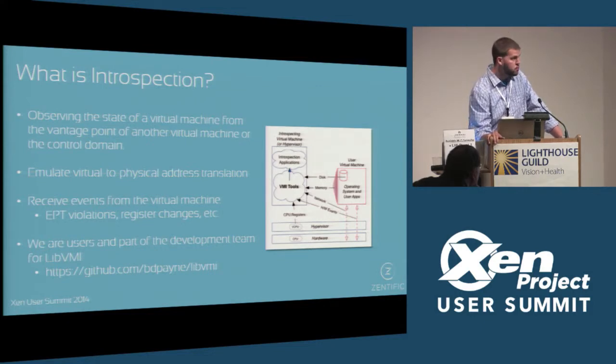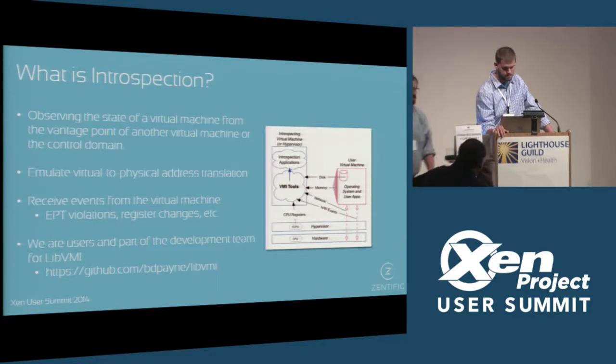We can receive events using introspection, so we can basically register for what we want to know about. Do I want to know if we're writing or executing a certain page? Do I want to know if the value of a CPU register changed? Let me know about it. This is crucial because some of the derived benefits provide knowledge about which tasks are executing when.